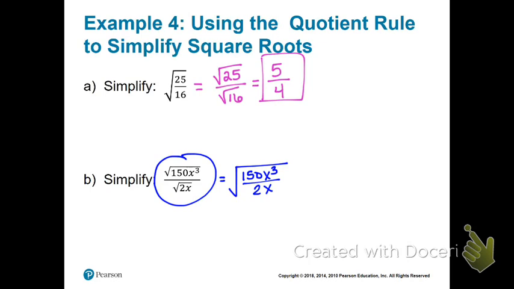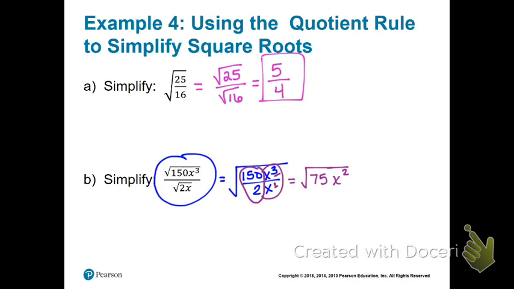And then because they're both underneath that square root symbol, we can go ahead and divide them out, like what we were doing in one of the previous lessons. So I have the square root of 150 divided by 2 is 75. X cubed divided by x, remember you divide, you subtract your exponents, so 3 minus 1 is 2.